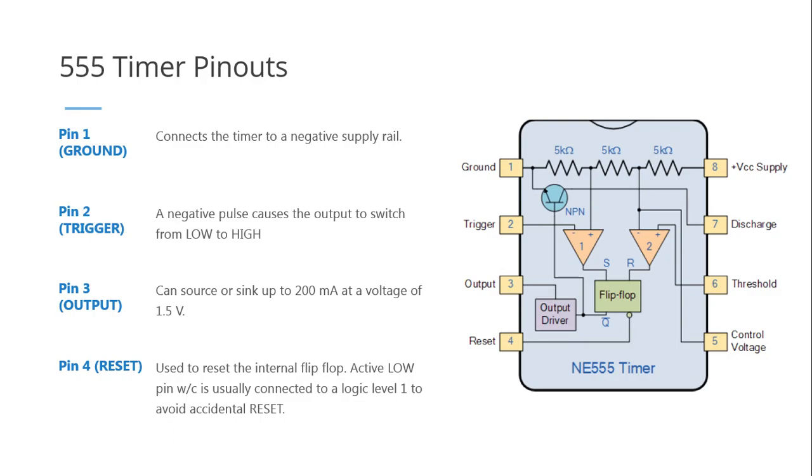Normally in every IC, there would always be a positive or a negative supply. So it's usually in pin 1 and the last pin, in this case pin 8. Pin 1 is usually the ground, and the last pin, pin 8, is usually the positive supply. So pin 1 ground, we usually connect it to the negative part of the supply.